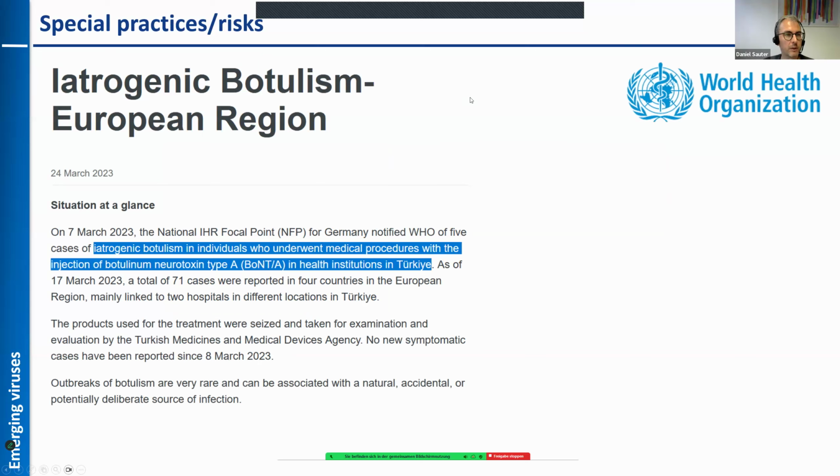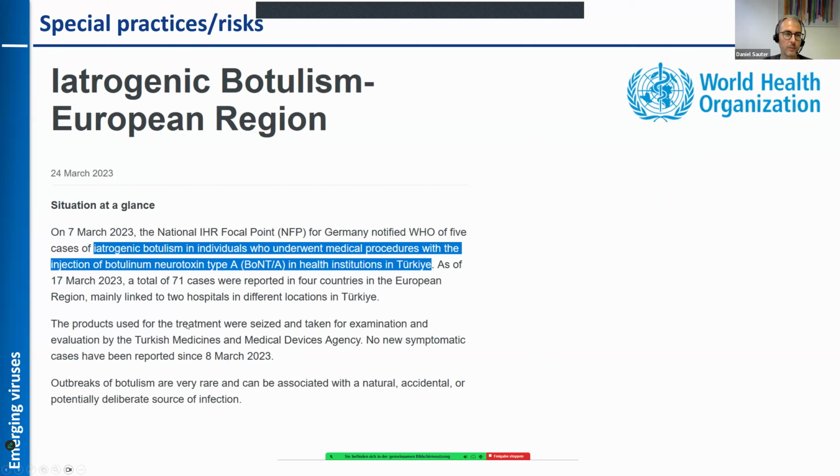And for the last category, the special practices or risks, I also picked one from the WHO. This is actually from 2023, so already 2 years old, but I felt this is interesting. This actually describes the outbreak of botulinum intoxication, again, not a virus, but a bacterial toxin as a result of medical procedures.